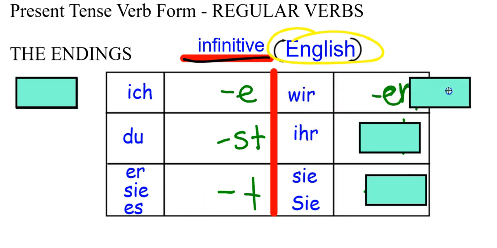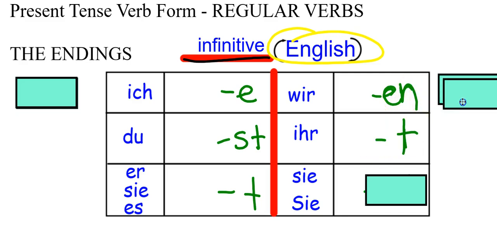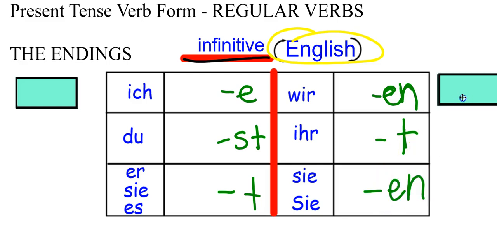So wir, we, has an EN ending. Ihr has a T ending. And then sie, both they and you, formal, singular and plural, has an EN ending. So we have E, ST, T, EN, T, EN.